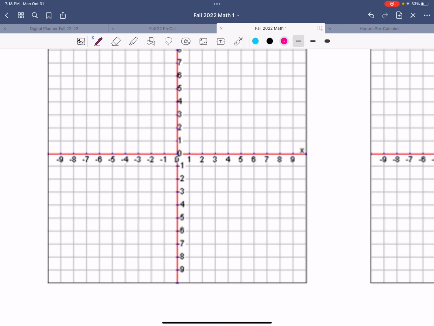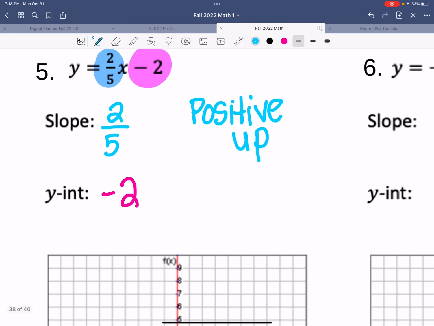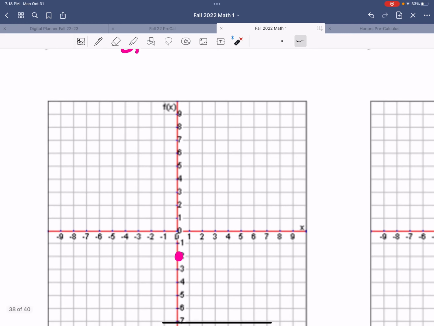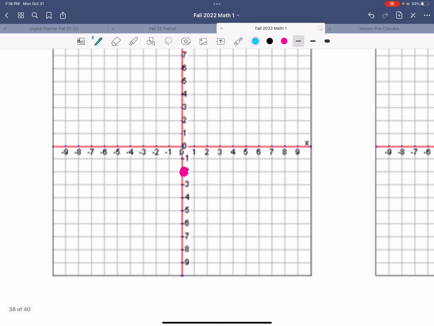We're going to start at -2, and then we have 2/5. So 2/5 means we're going to go up 2 and right 5. We're going to go up 1, 2, and then right 5. And there's my point. I can do it again, up 2 and right 5.